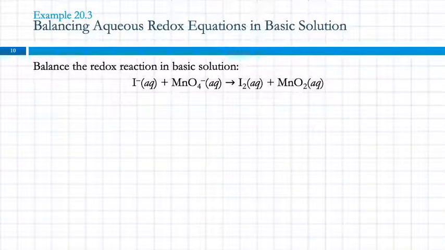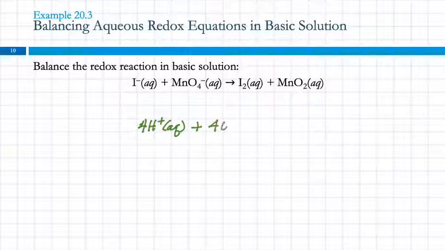So I had 4 hydrogen ions, but the solution is not acidic. And so the directions told me to add an equal number of hydroxide ions. So I did. If I have 4 hydrogen ions and 4 hydroxide ions, those will react with each other.